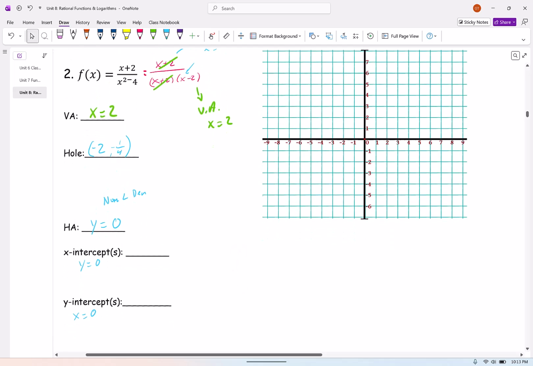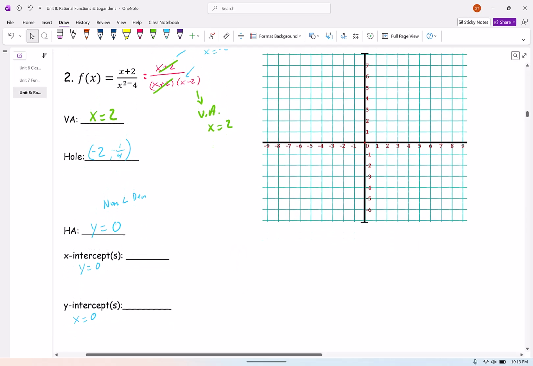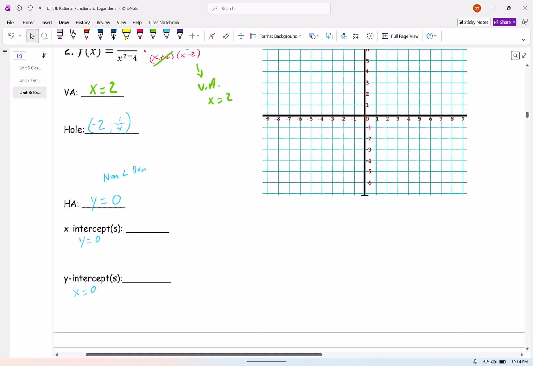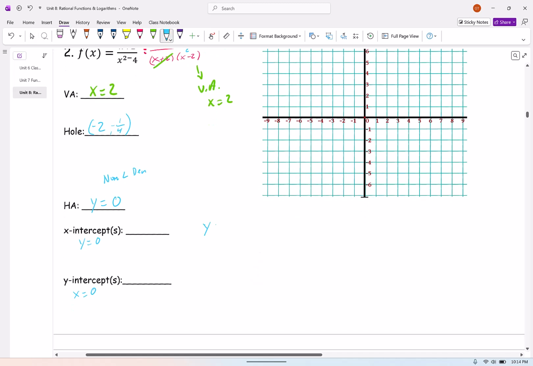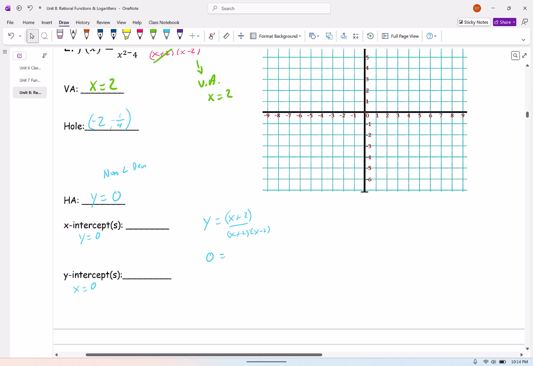And so if I have each of these equations, then if I have y equals x plus 2 over x minus 2, if that's going to be 0, I could just keep that in x squared minus 4, because I'm going to end up having to take each of those terms anyway and put it onto the other side.